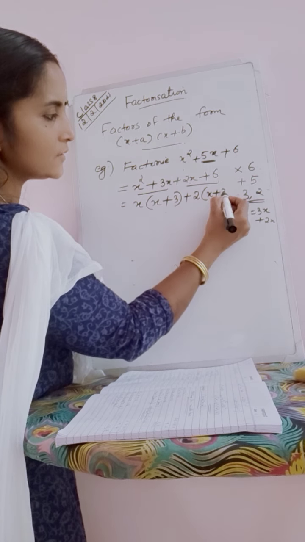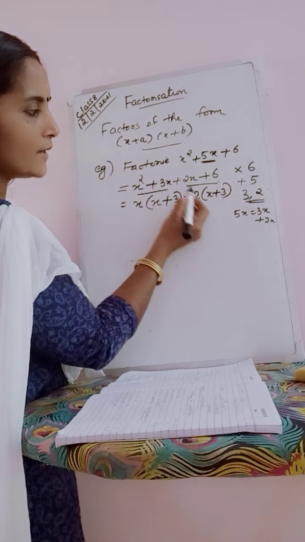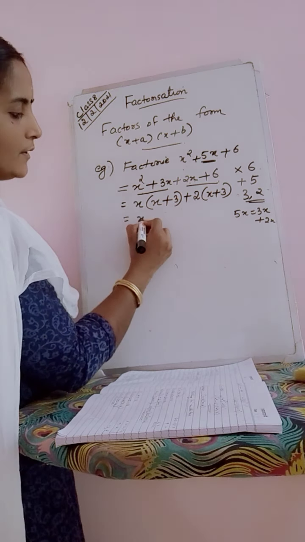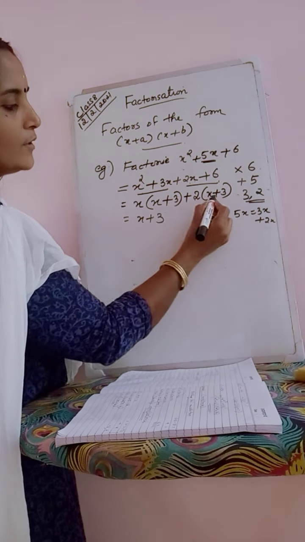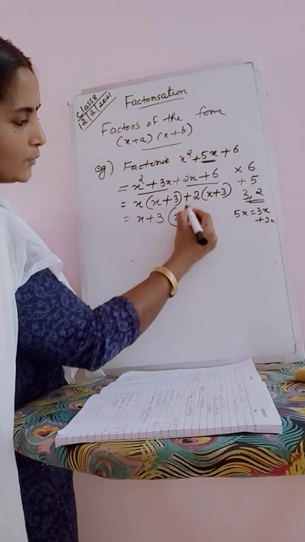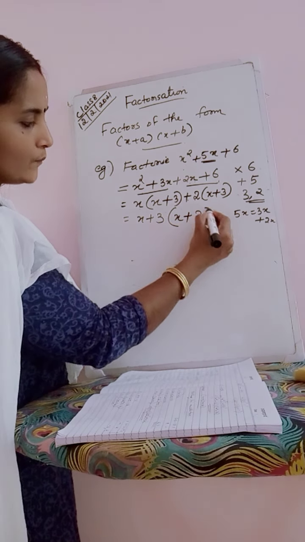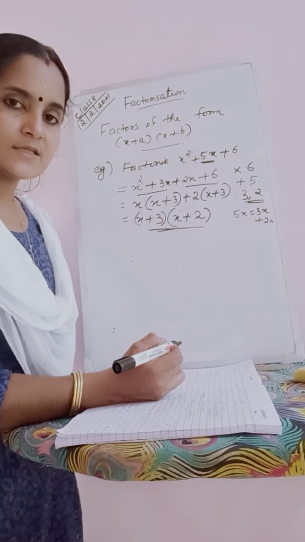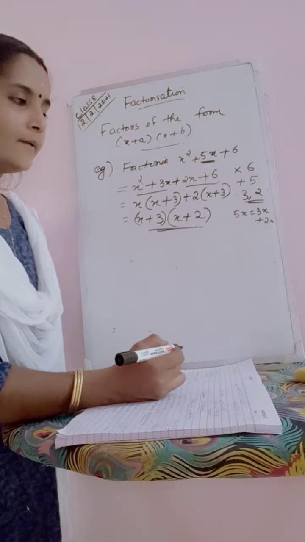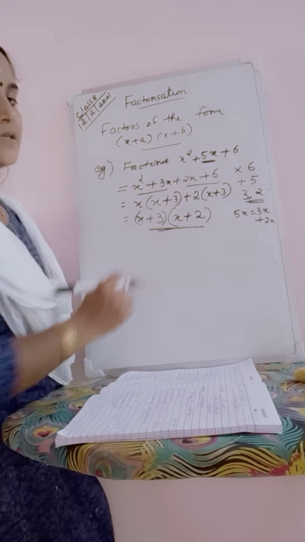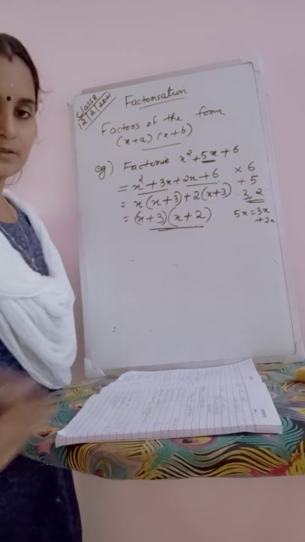So x plus 3 here also we get, because 2 into x is 2x, 2 3s are 6. x plus 3 is a common factor. Take it outside. Then x remains, and 2. So what do you get? x plus 3 into x plus 2. In this way we can factorize this type of equation.